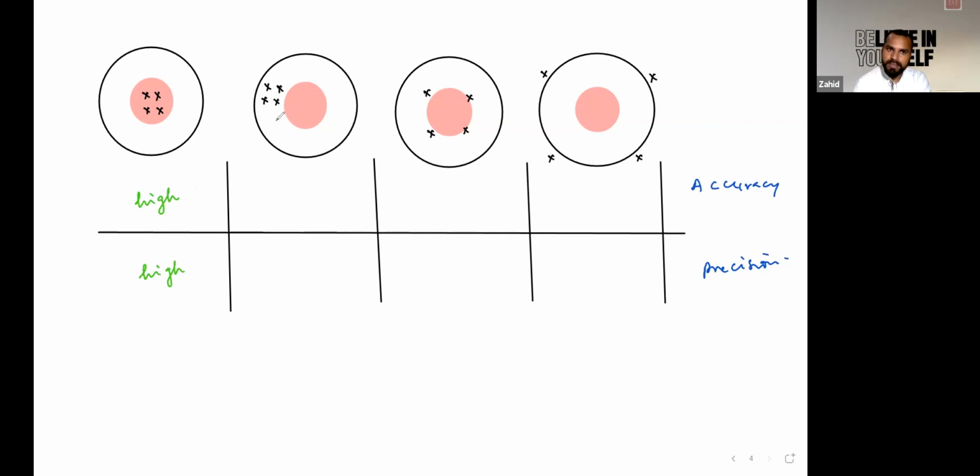Similarly, in this second part, this data is closer within themselves, so it will have high precision, but they are far from this true value, so it will have low accuracy. Is it clear?